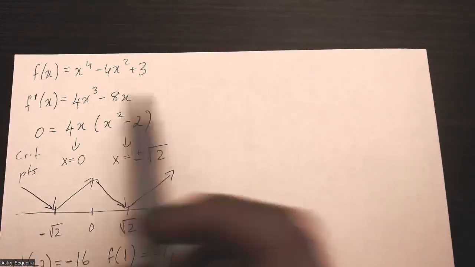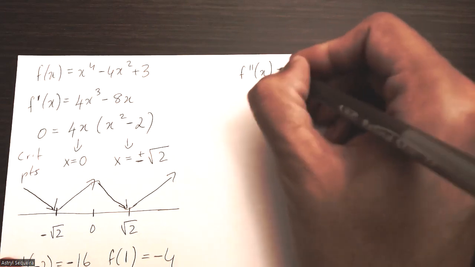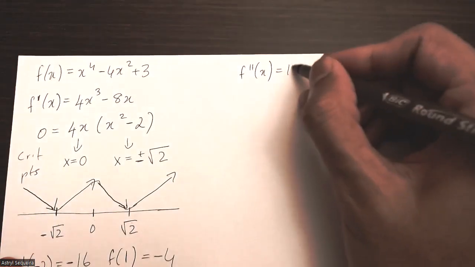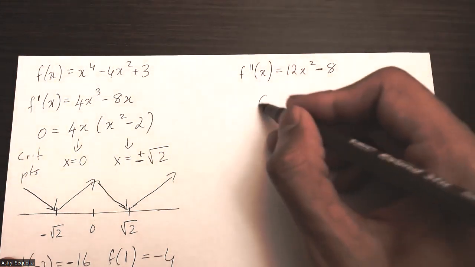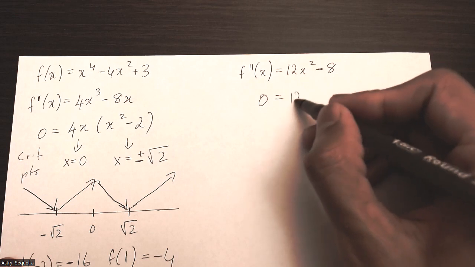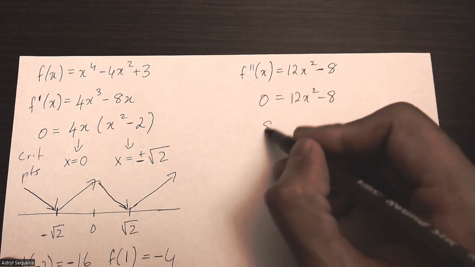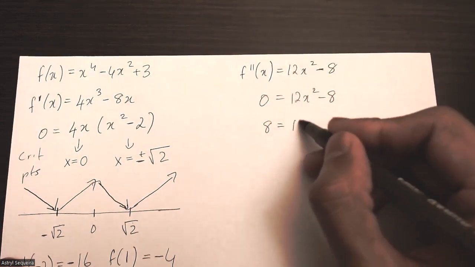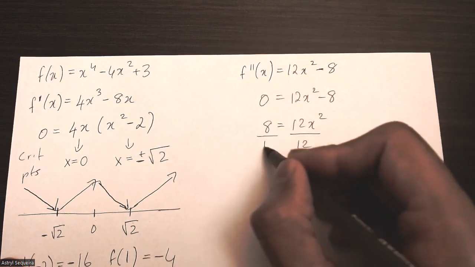I'll do my second derivative next to find my inflection points. So f double prime x equals 12x squared minus 8. I'll make this equal to 0 and solve it. 12x squared minus 8. So this, you can just move to the other side, even though it's quadratic. You can still solve it like a linear equation. Divide by 12, divide by 12.